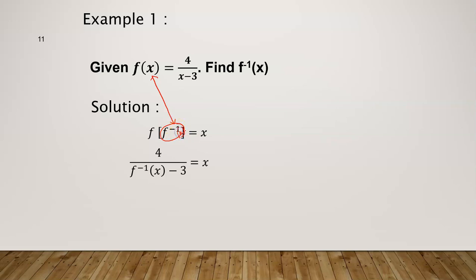Suppose this one has x here. So when your x is f inverse x, here we change it to f negative 1 x as well. So you have this. Then we rearrange everything to leave f inverse by itself on the left hand side. Then you have 4 plus 3x over x, where x cannot be 0.